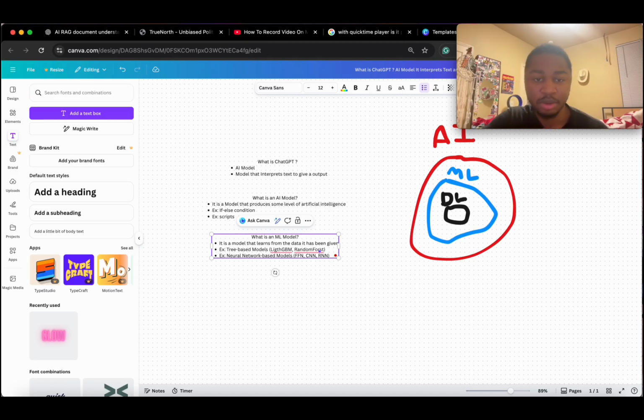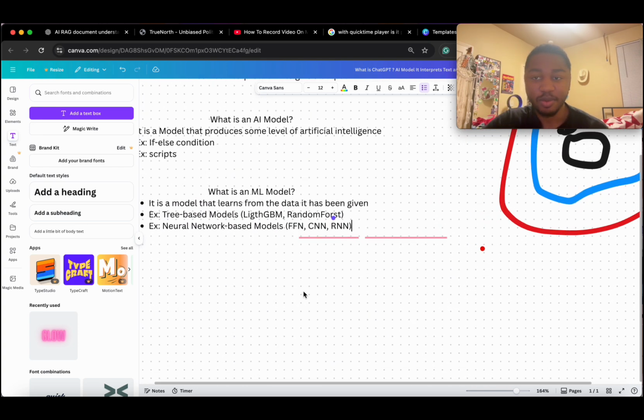learns from the data. And then AI is just a general form of some sort of intellect. Now, what is deep learning? So I mentioned here neural network based models, right? Deep learning is essentially those neural network based models. And so we call it deep learning because, I don't know how to explain it, but it's just very articulate.